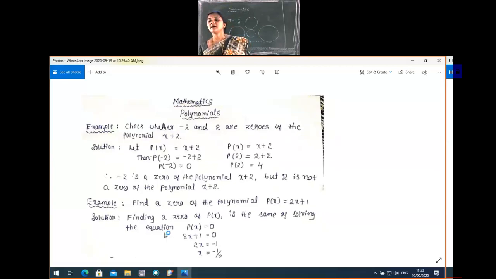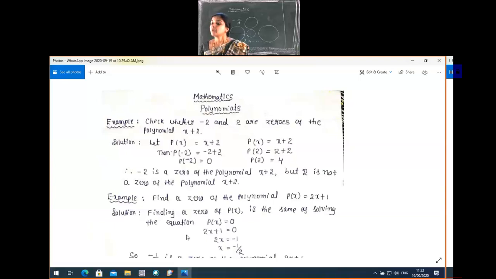Now, look at the explanation part. Let p of x be equal to x plus 2. Polynomial naming is very important. They have given just the polynomial x plus 2, and we have to write it in standard form. What is the standard form of the polynomial?